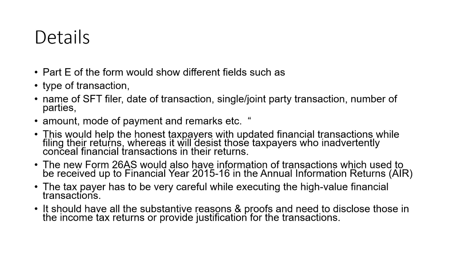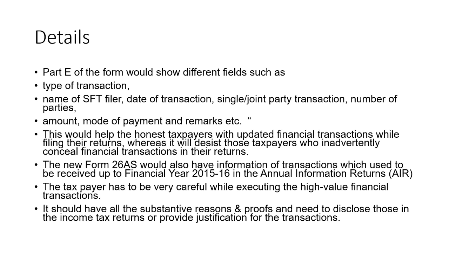It also has information of transactions which are due to be received by the financial year. This information is required to be disclosed in the new 26 AS, starting from 2015-16. Earlier it was not there. So the Annual Information Statement contains all the details from the financial year 2015-16 onwards.